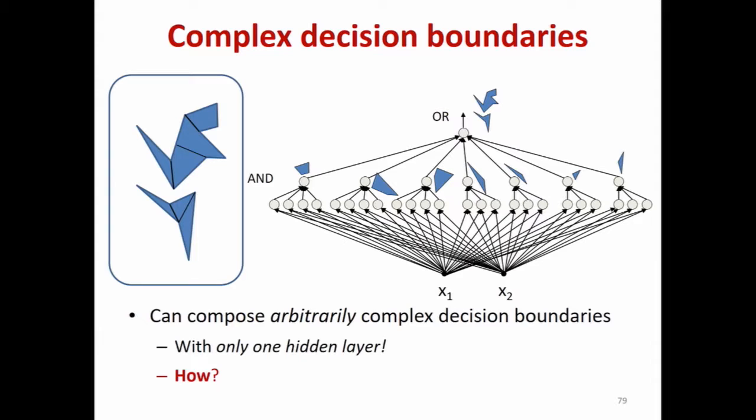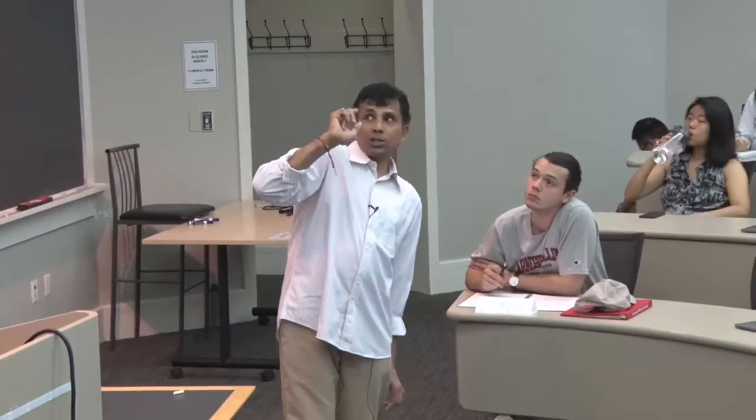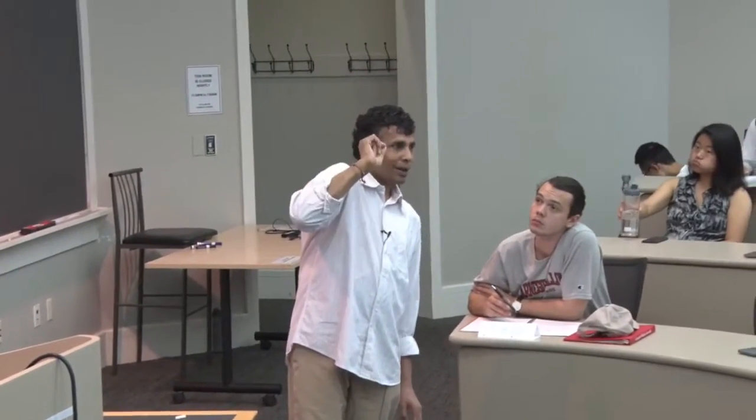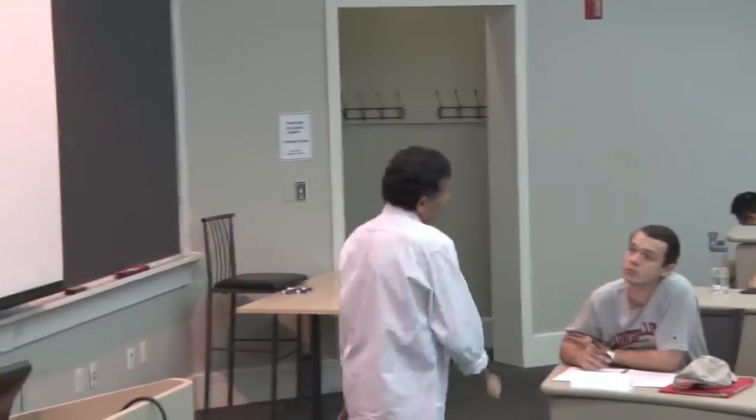So this means I can compose arbitrary decision boundaries. But tell me, can I compose an arbitrary decision boundary using only one hidden layer? We saw we can do a star. I want you to do this guy using only one hidden layer. How would you do it?